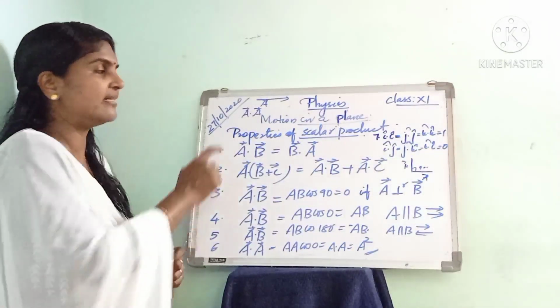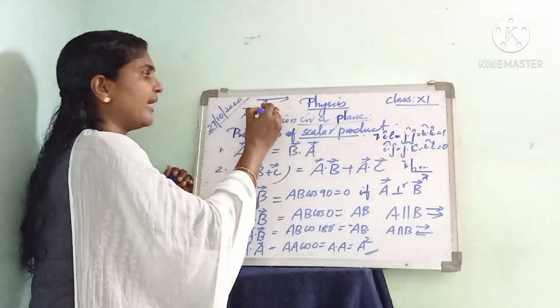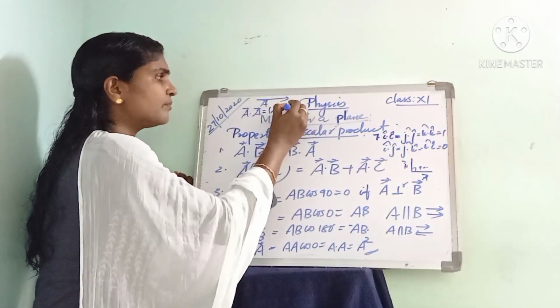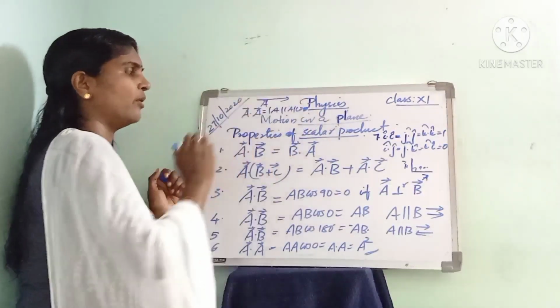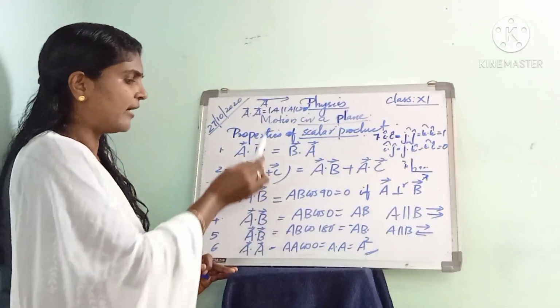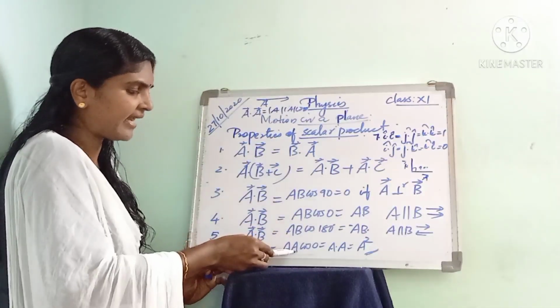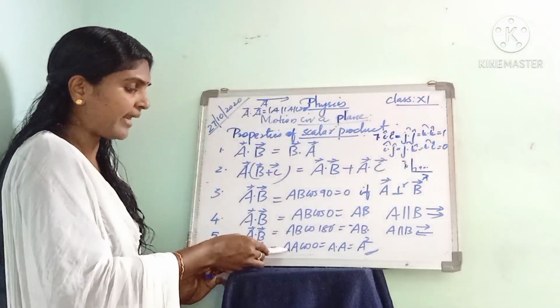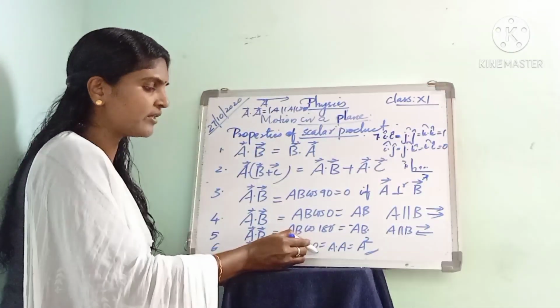Okay, A dot A. This can be represented as modulus of A into modulus of A into cos of the angle, which is cos 0. Then modulus of A is A, and the other modulus of A is again A. So A into A cos 0. The value of cos 0 is 1.